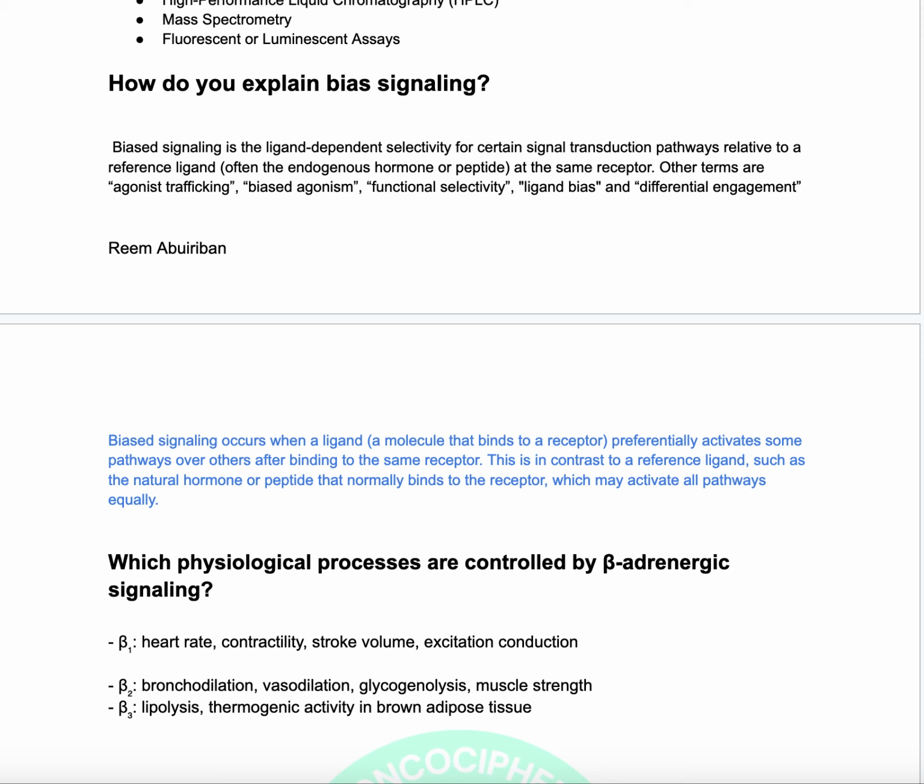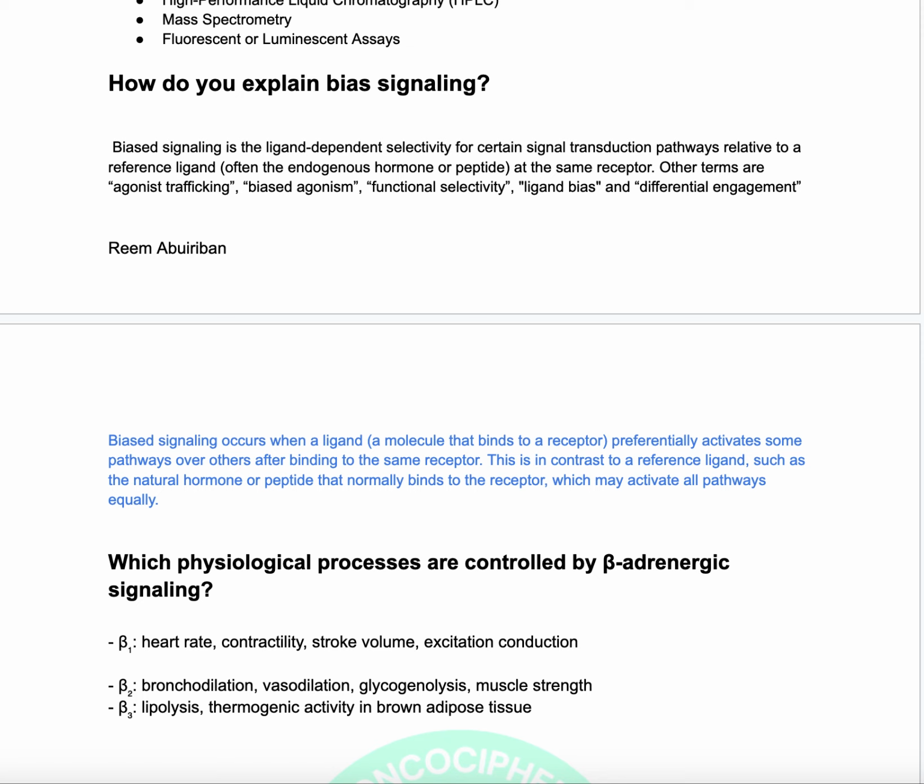If we just have two pathways, pathway A and pathway B. When pathway A is activated, it leads to good things like signaling and other good things. And when pathway B is activated, it leads to severe side effects. Naturally, physiologically, when there is a hormone that activates both pathways equally, it leads to the activation of the good things, and at the same time, because it activates both of them equally, it leads to the side effects.